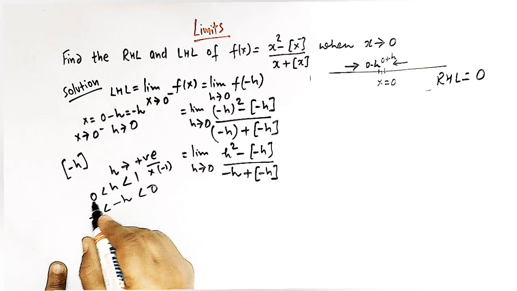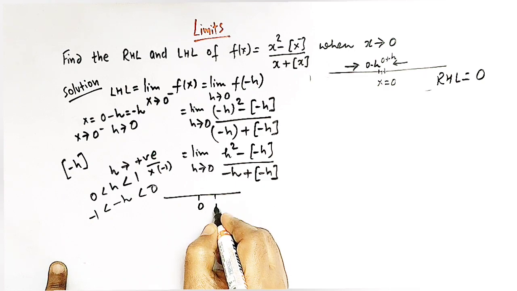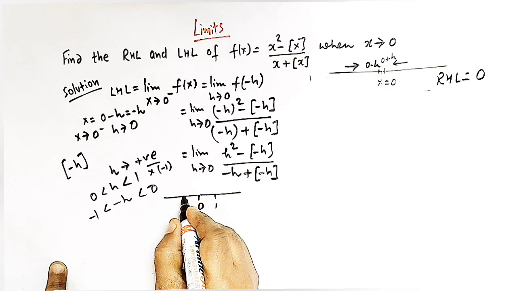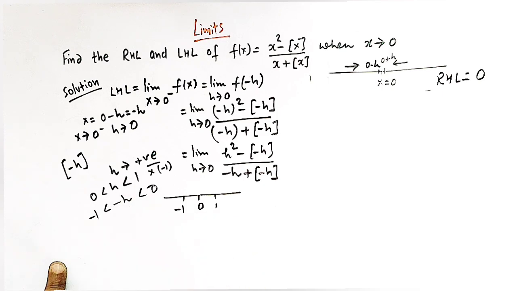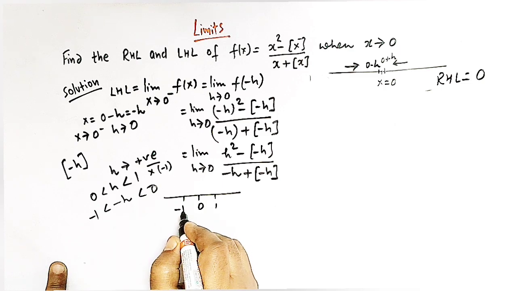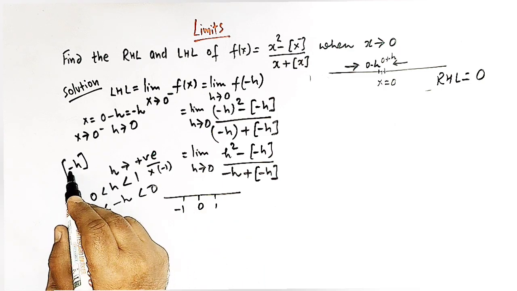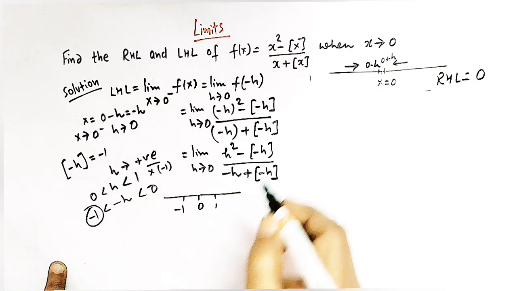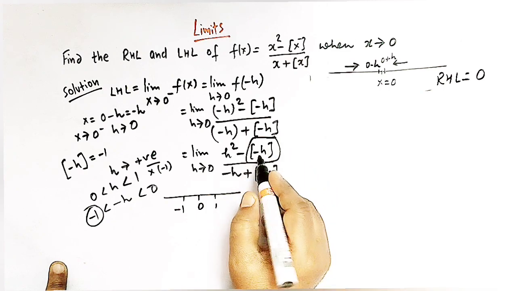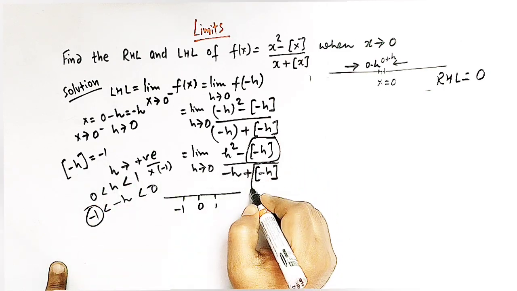So when h lies between 0 and 1, then minus h lies between minus 1 and 0, and by the definition of greatest integer function, for anything lying between minus 1 and 0, the greatest integer of minus h should be equal to minus 1. So for greatest integer of minus h, we can take minus 1.